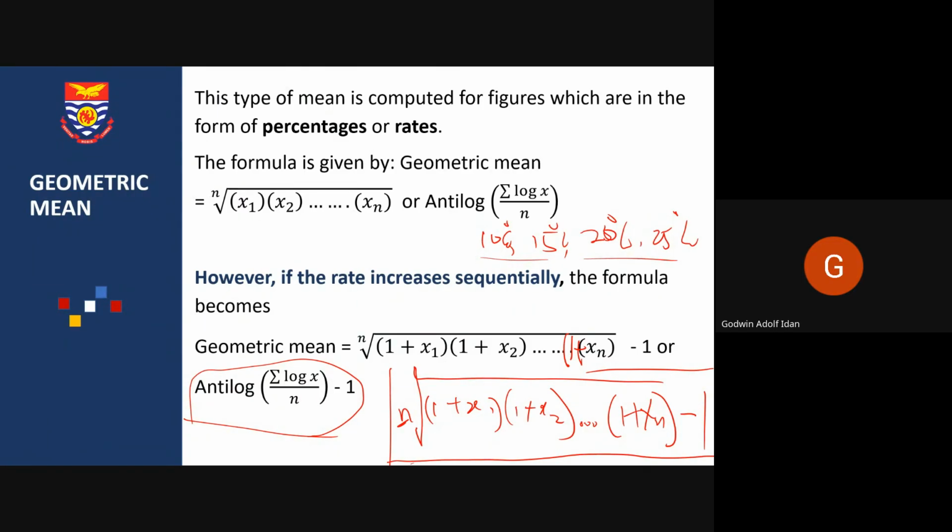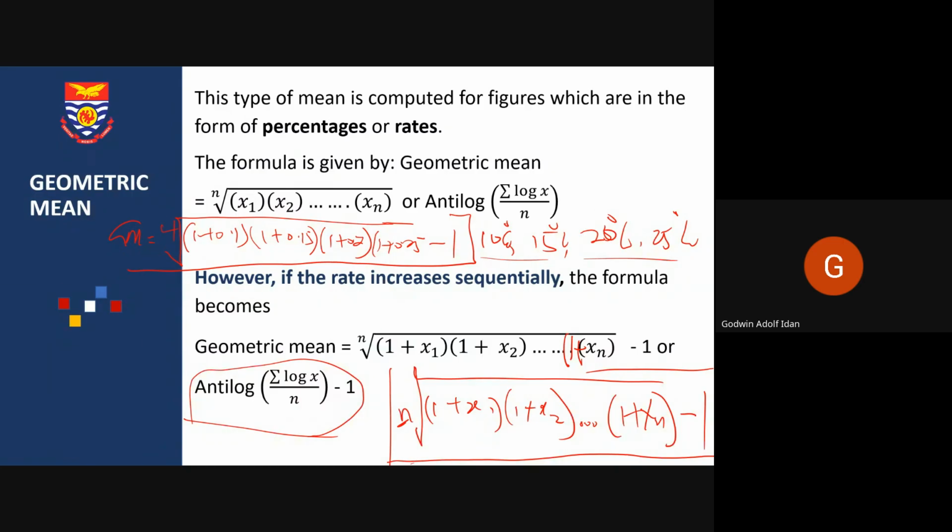In this case, our geometric mean is going to be equal to, because you have 4 observations, the fourth root of 1 plus 10%, which is 0.1, multiplying 1 plus 0.15, multiplying 1 plus 0.2, also multiplying 1 plus 0.25. So everything minus 1. That gives us our solution.